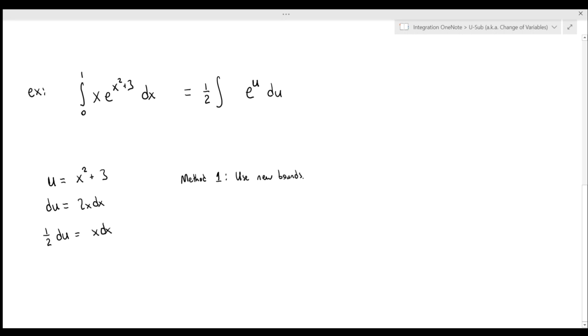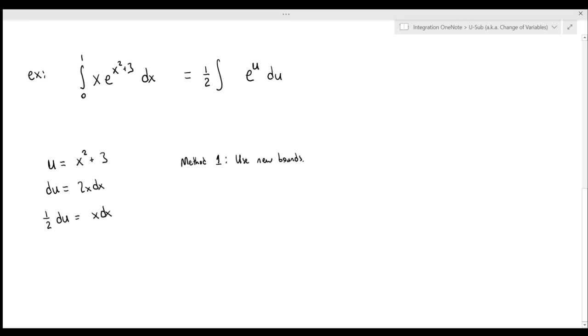Let's go over how that works. Originally, when we were integrating with respect to x, we had bounds from 0 to 1. To get the bounds on u, I want to take these two values for x and plug them into here to get the corresponding values of u.